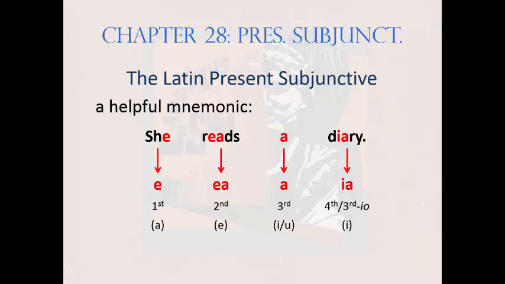So, for instance, change the thematic vowel in a first conjugation present tense verb from A to E, and you've turned the verb from present indicative to present subjunctive. If it's second conjugation, change it from E to EA. In third, I or U to A, and in third IO or fourth, turn the normal thematic vowel I into IA.